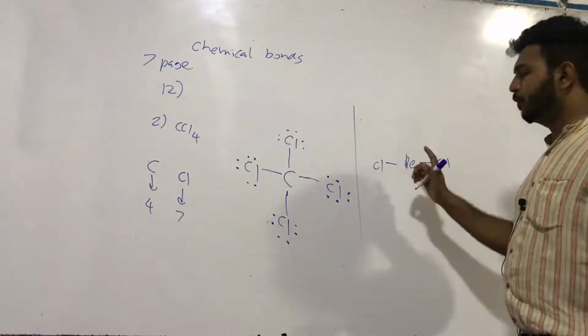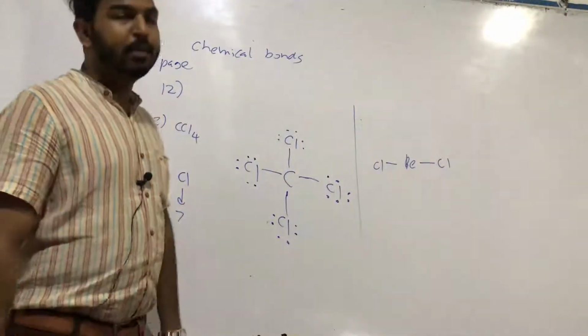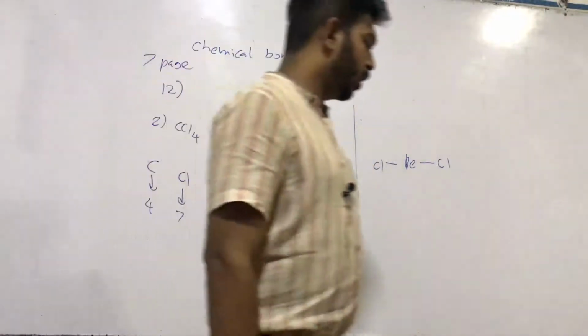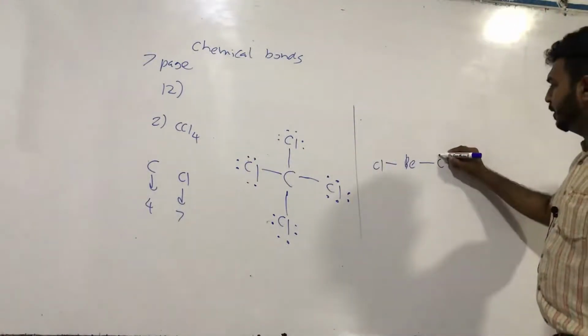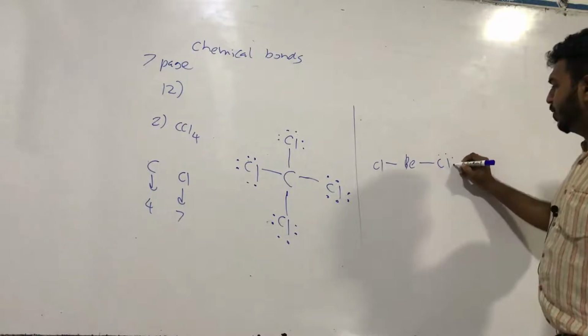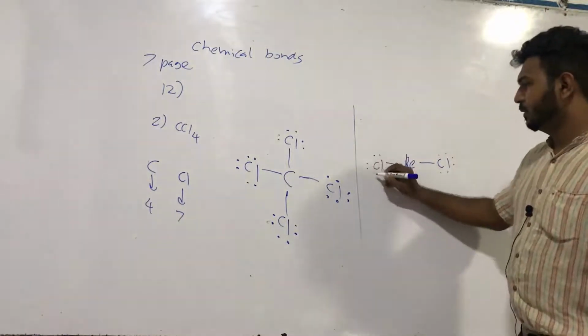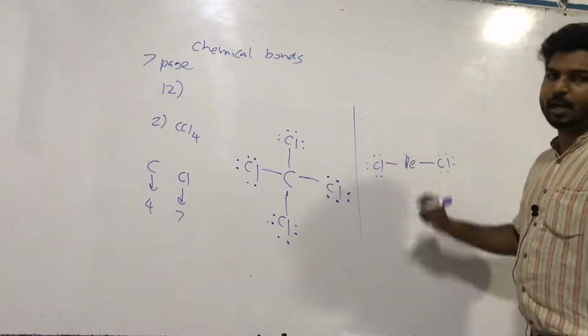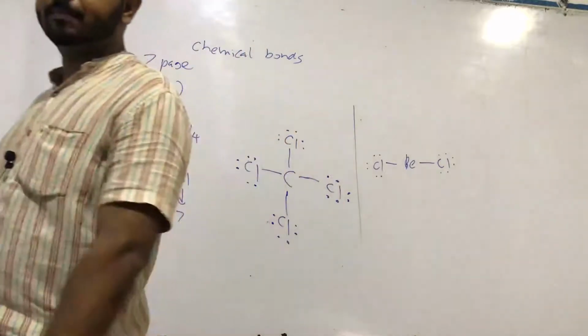Now the number of electrons of beryllium is completed. Then when we consider chlorine, chlorine has 7 electrons. One is shared. Then there are 6 electrons. And this chlorine also has 6 electrons since one is shared here. Okay, Pute?